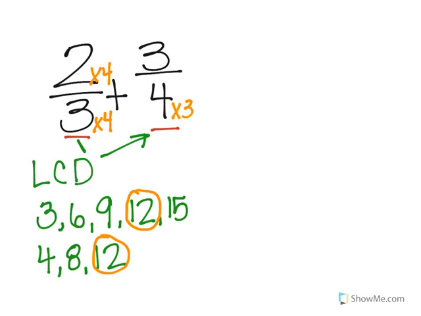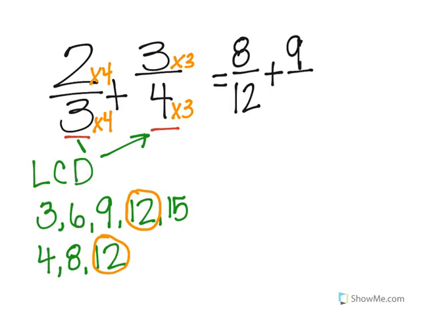And so if I multiply the denominator by 3, I have to multiply the numerator by 3. So 3 times 3. So let's see what that equals. So 2 times 4, 8. 3 times 4 is 12. 3 times 3 is 9. And 4 times 3 is 12.